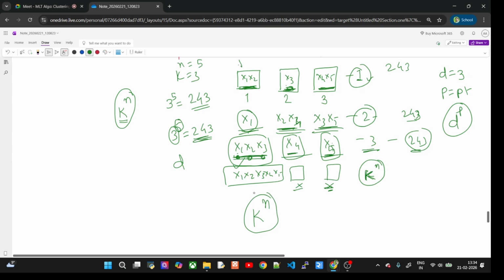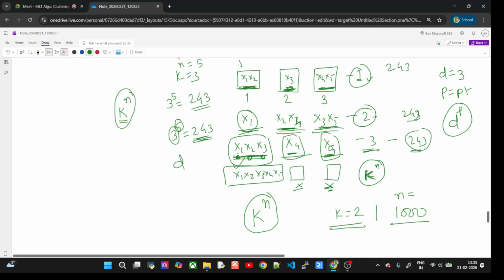This is 3 raised to 5, which I took as the example. But suppose you have k equal to 2 clusters only, and you need to put 1000 points, 1000 kids, into only 2 classes. You need to make combinations, like x1 x2 going into class number 1, or x1 x3 going into class number 2, or x1 x5 into class number 1.